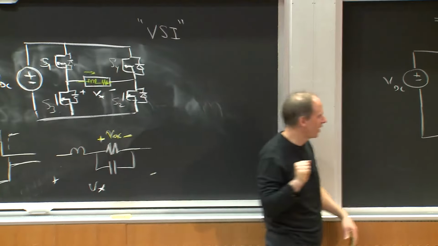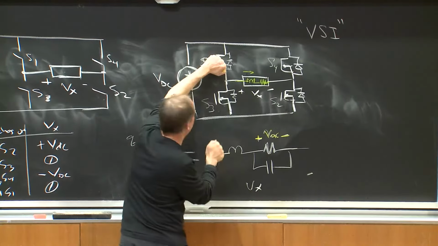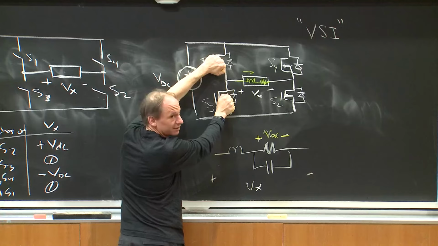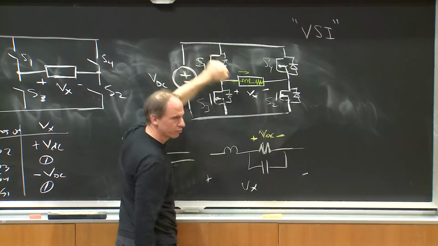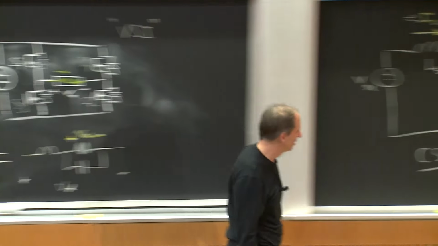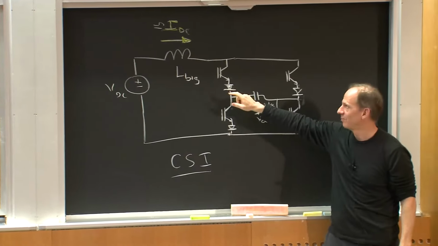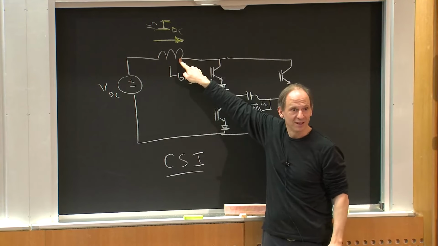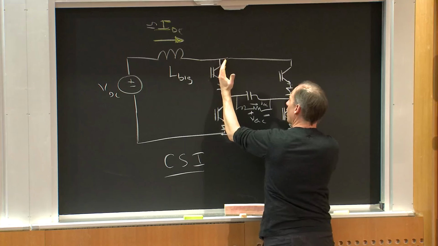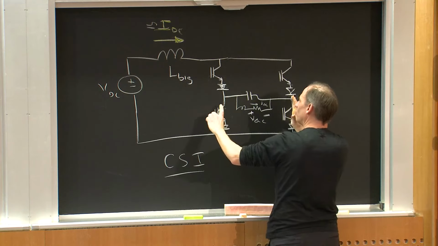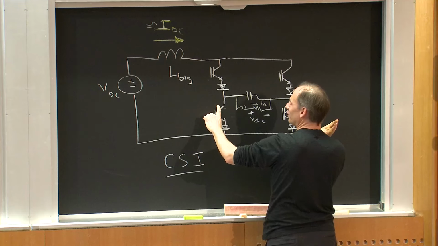Interestingly, I talked about dead time, where these two switches have to be off at the same time for a little while, and we let current go through the diodes. Here, I better never have a time when all four switches are off, because then I'd be open circuiting this guy, right? So if this switch and this switch were on, I will then briefly turn this one on also, and then I can turn this one off, right?